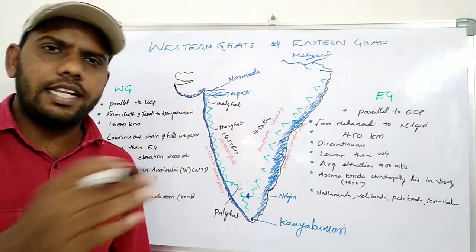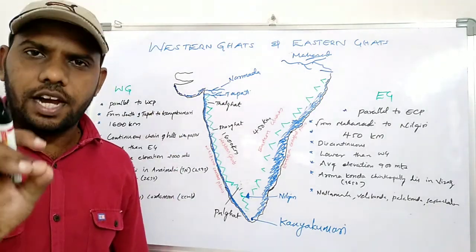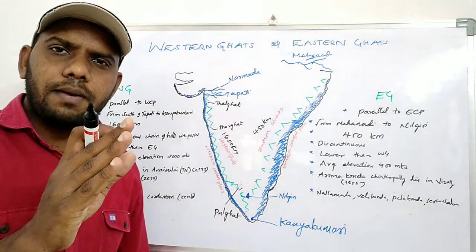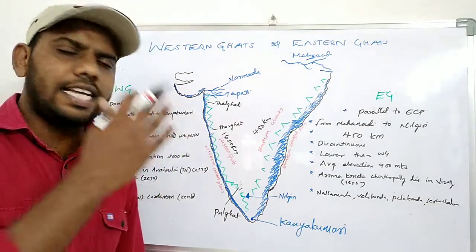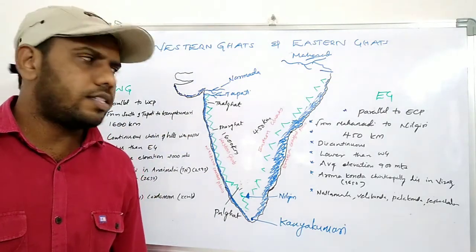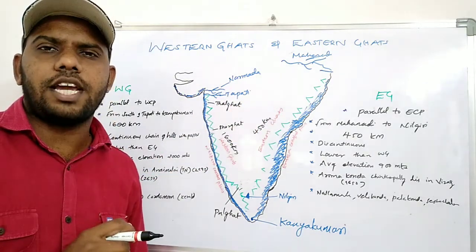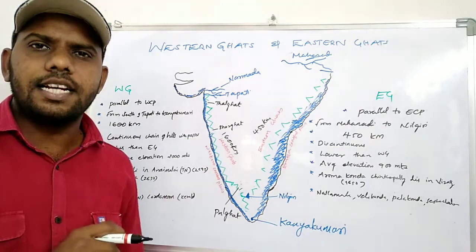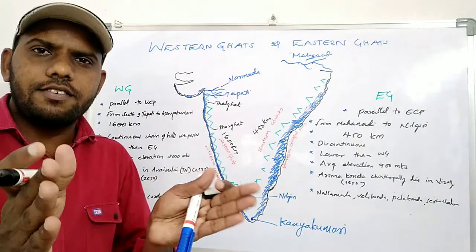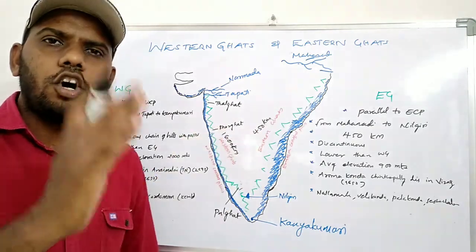So you can also write a separate question in the class: why is Eastern coastal plain broader than Western coastal plain? Because the Eastern Ghats are a discontinuous chain of hills, and it gives more space to enter the coastal plain.